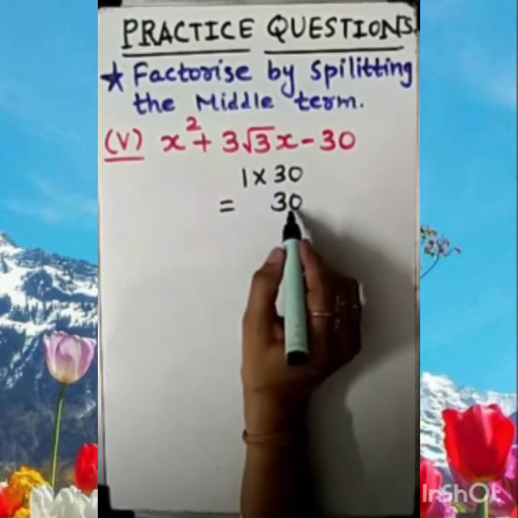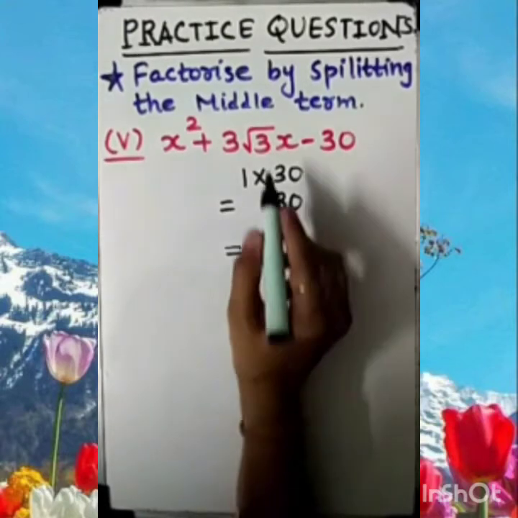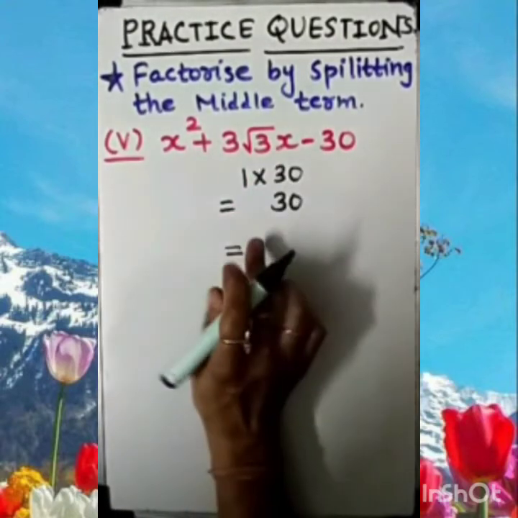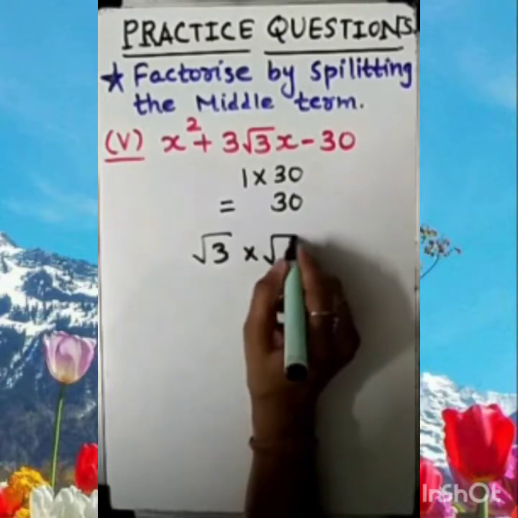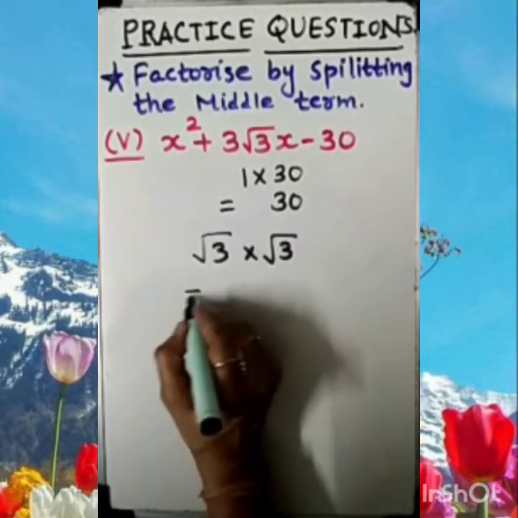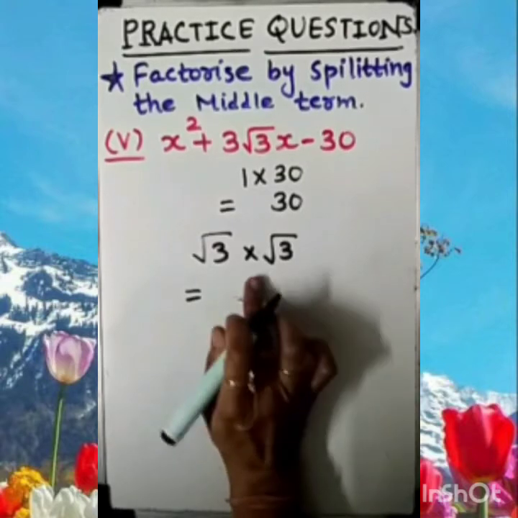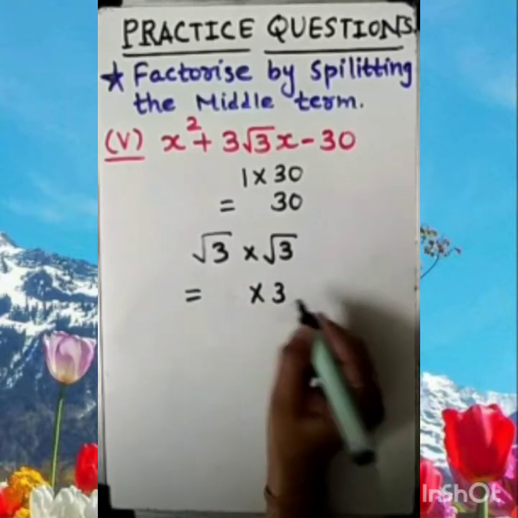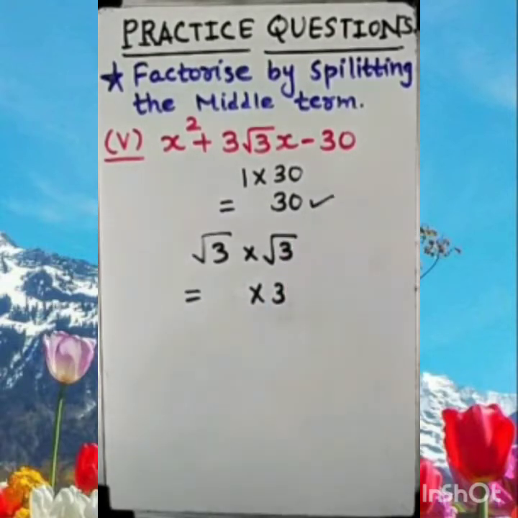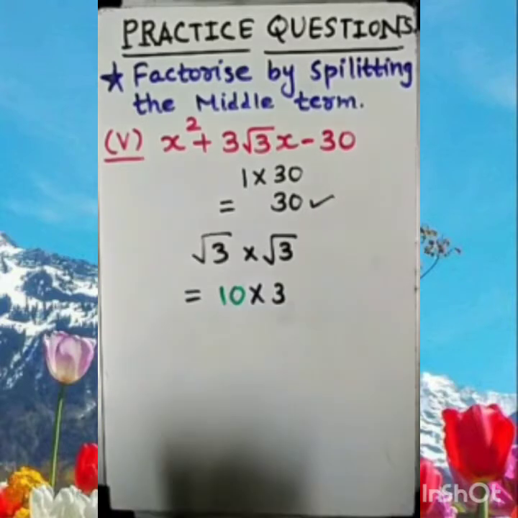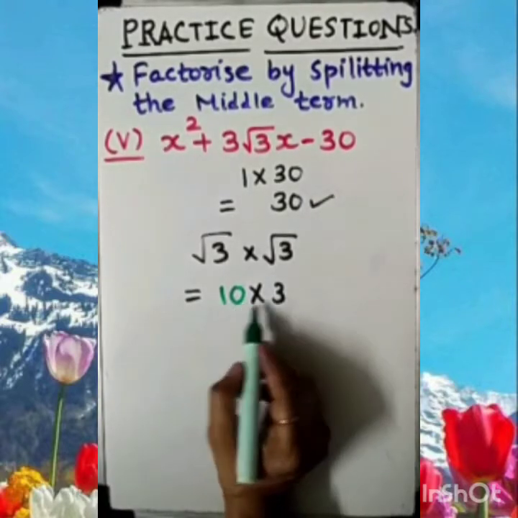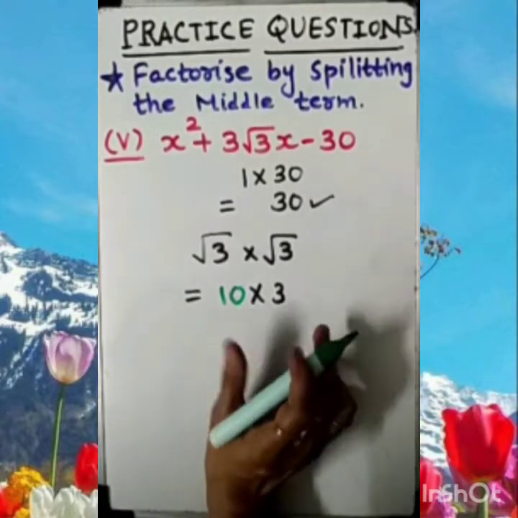So 30 is already here. Dear student, think about this. If we have root 3 into root 3, then of course we will have 3. Root 3 into root 3 is 3. So if I want 30 as a product, then I want the other factor to be 10, because 10 times 3 is 30.